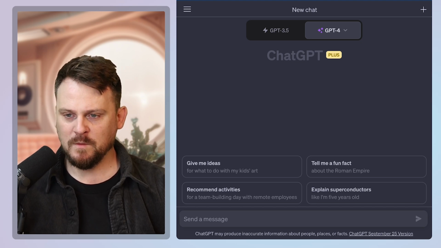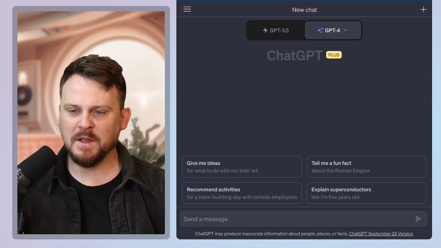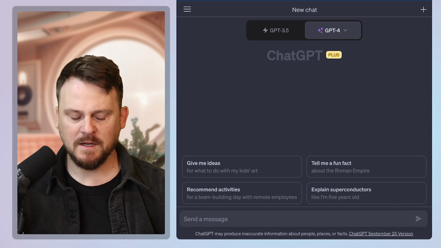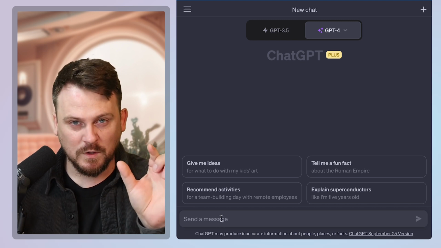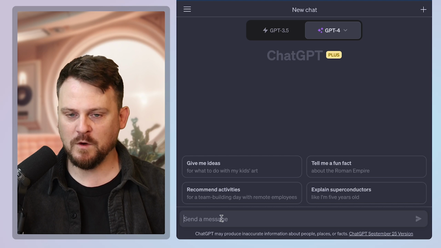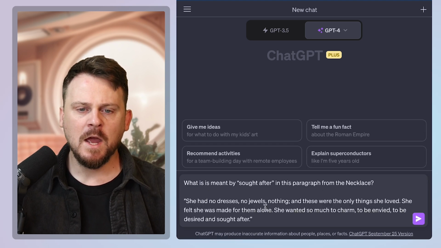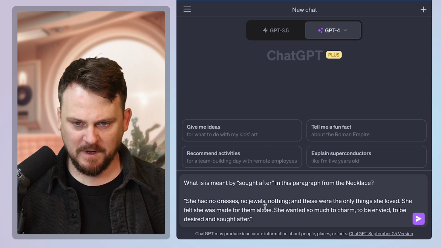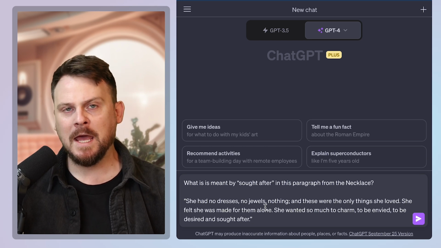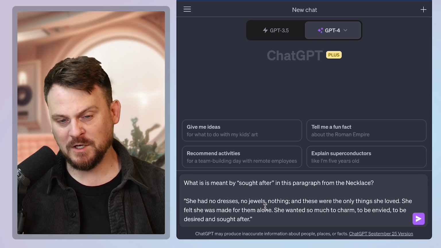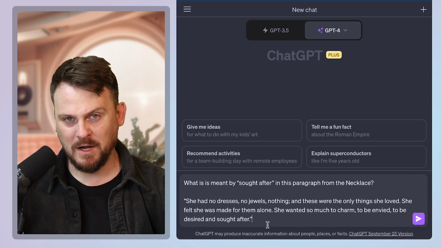What I would do is I would say something like, what is meant, and then give the specific quote or the thing I want to focus on, in context, what is meant by "sought after" in this paragraph from The Necklace? So The Necklace is the short story I'm reading, and I want to know "sought after" in this context. Okay. So this is kind of like underlining something, right?